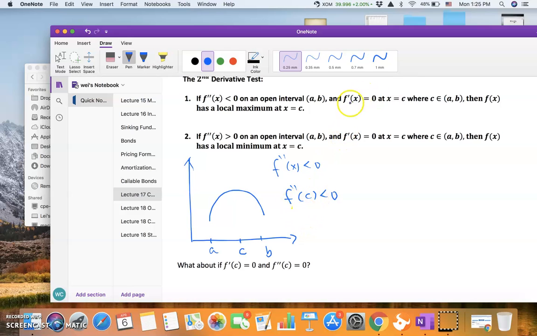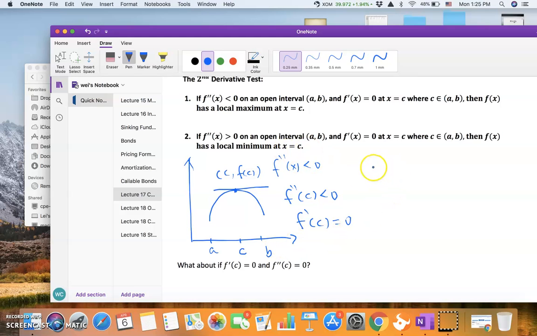And because the first derivative is 0 when x equals c, we know that at this point we must have a horizontal tangent line. So at this point, f of c, the function has a local maximum.